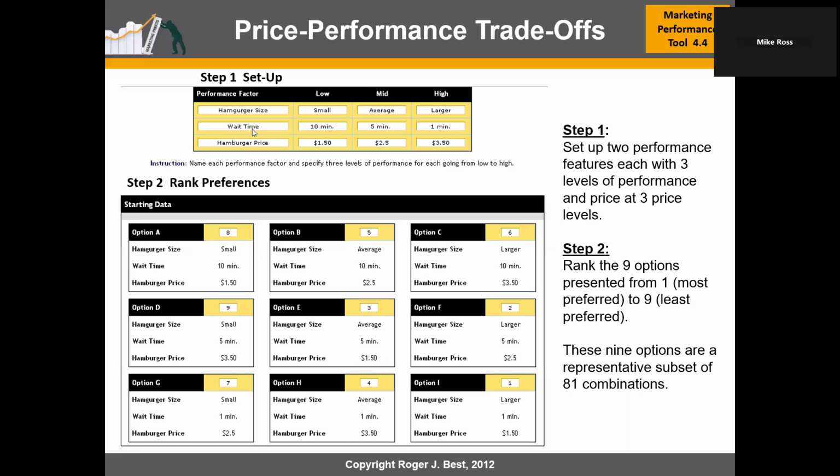So again, it depends on you as an individual consumer. Is size the most important? Is that how I determine value or my key driver of value? Is it wait time, or excuse me, versus the price of the hamburger?